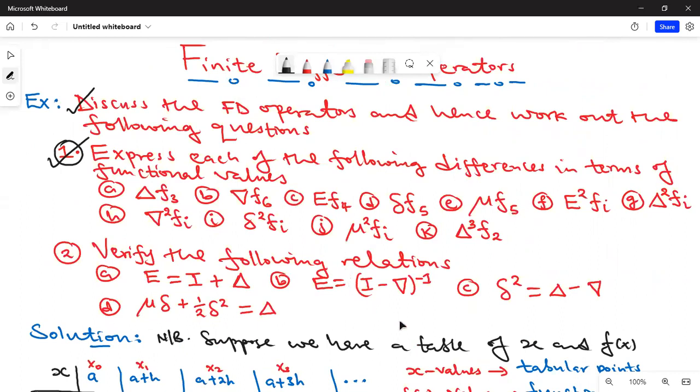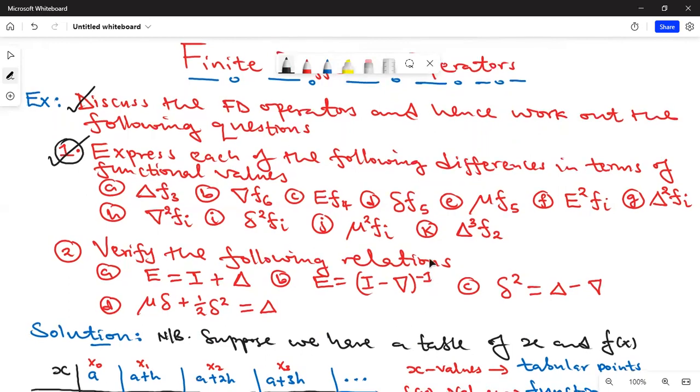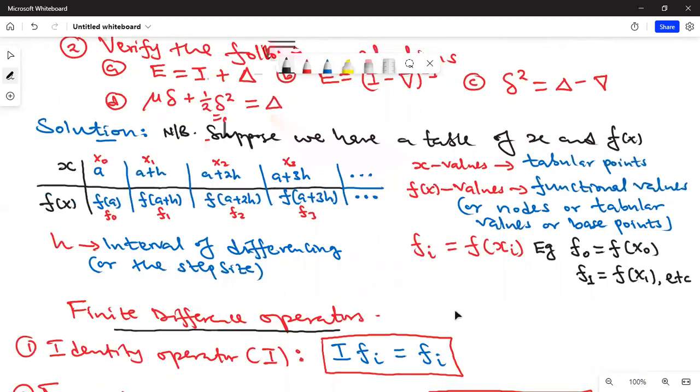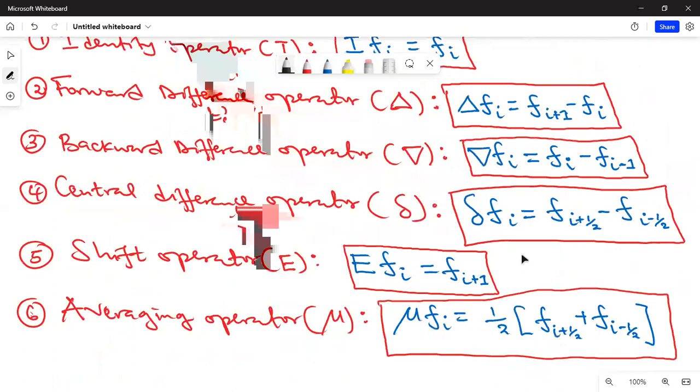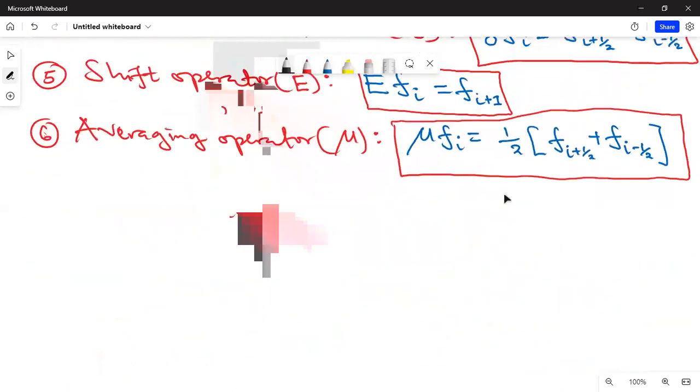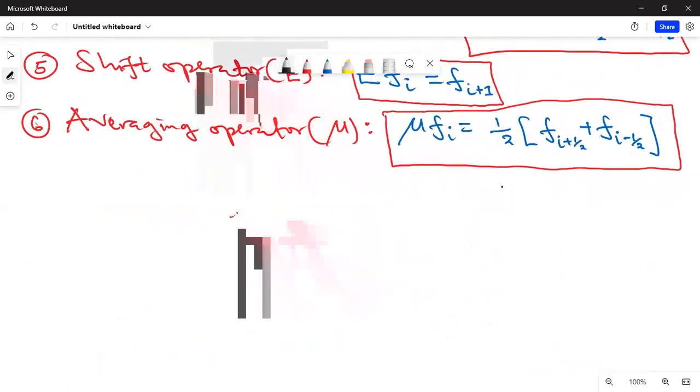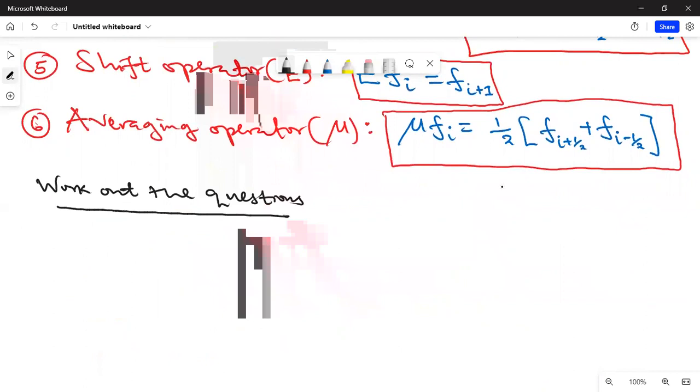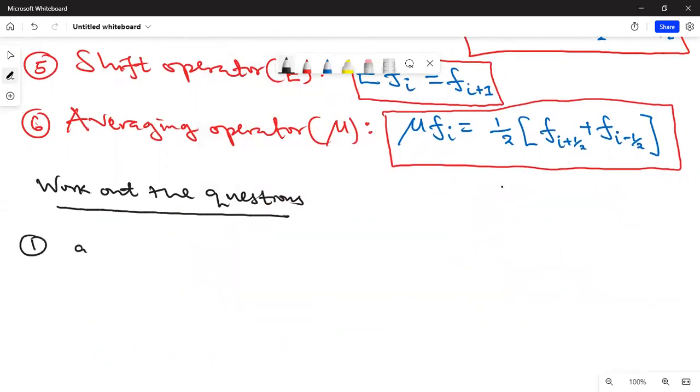They are from part A all the way up to part K. So let's start with part A. You write, solve the questions, or simply work out the questions. Number 1, part A.